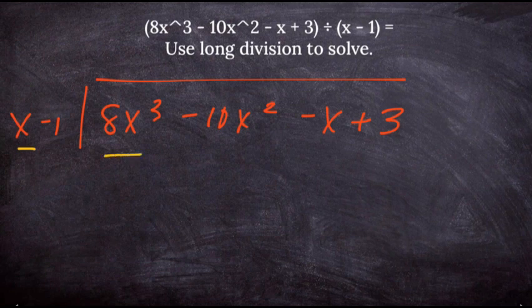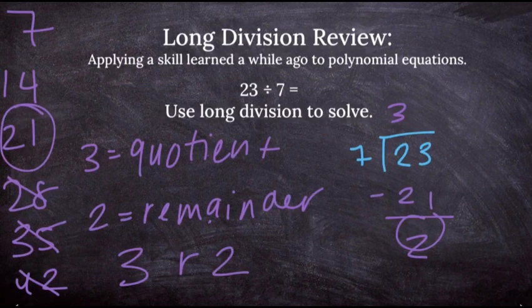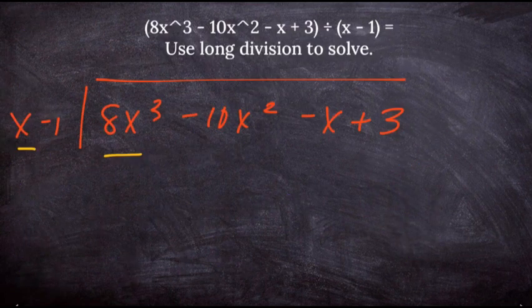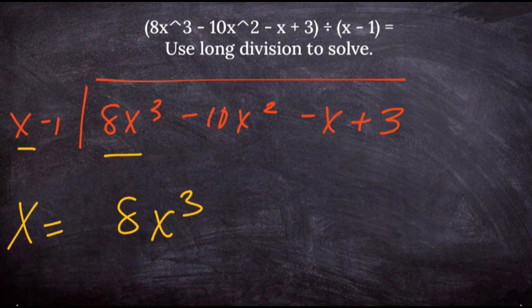And since there's no multiples, like what we did with 7, there's no multiples of x, if we think about it like that, hypothetically. There's no really multiples of x, so we just have to find a value that will make x equivalent to 8x to the third and cancel that out when we're solving.